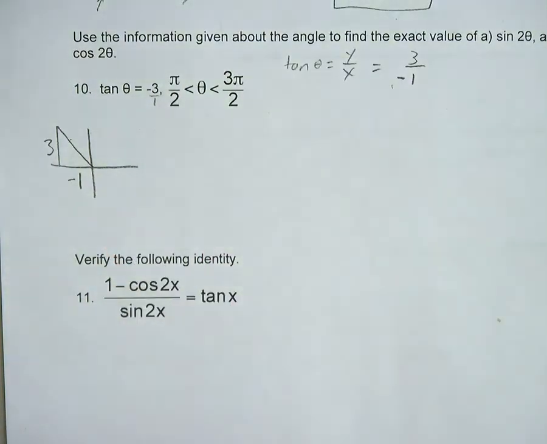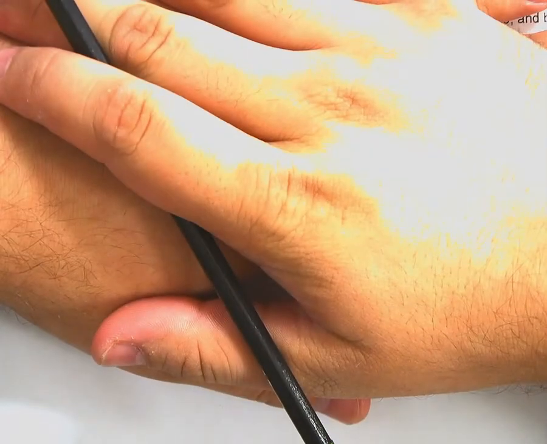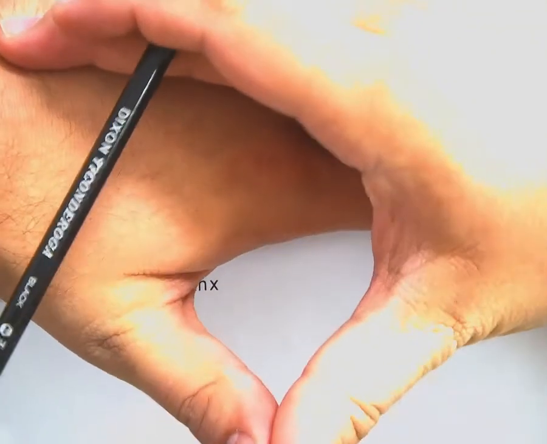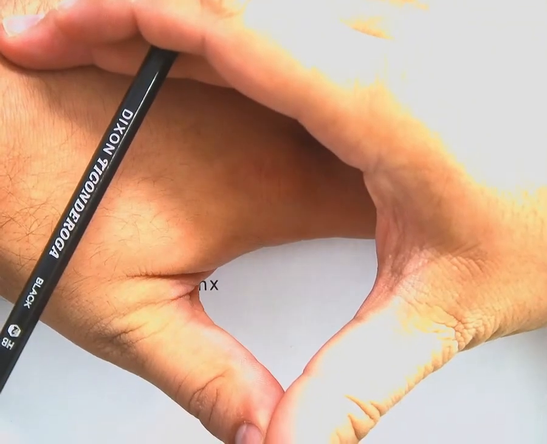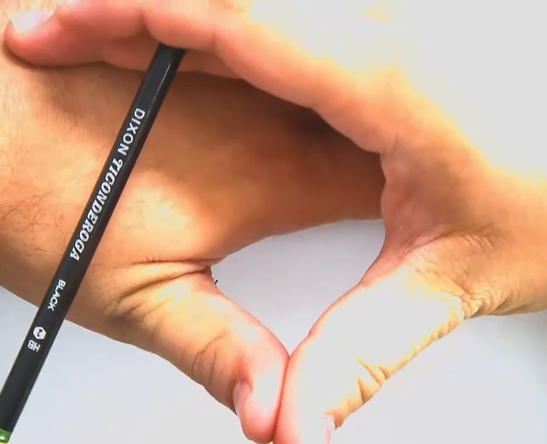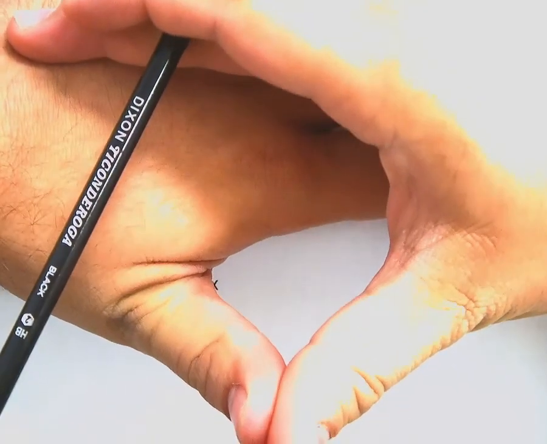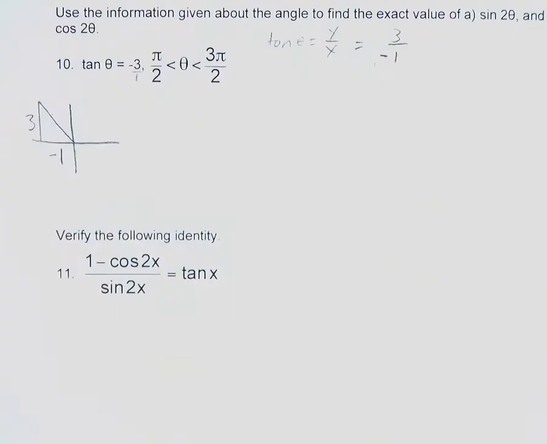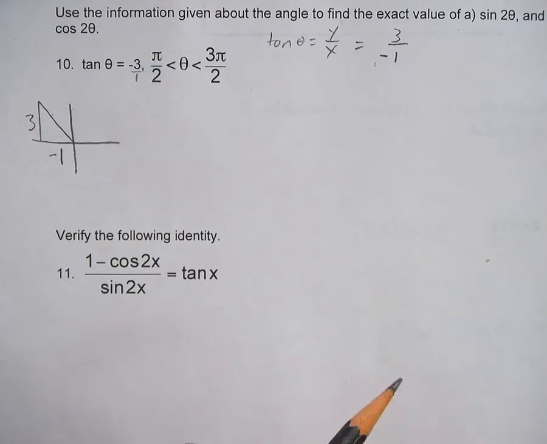Okay, so before we go any farther, let me say this. You have got to use common sense. And common sense tells you that you must check to see which one is positive in which quadrant. In this case, you're dealing with tangent. Tangent happens to be negative in quadrant 2, and that means your x value is negative, okay?